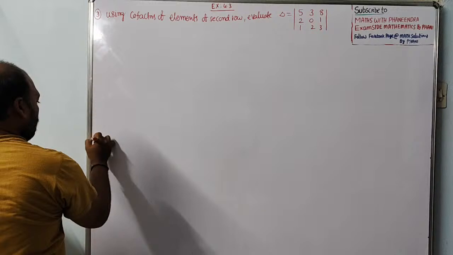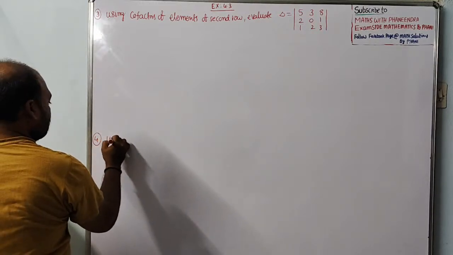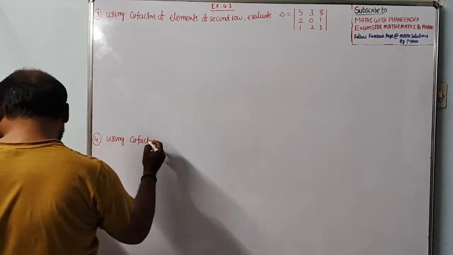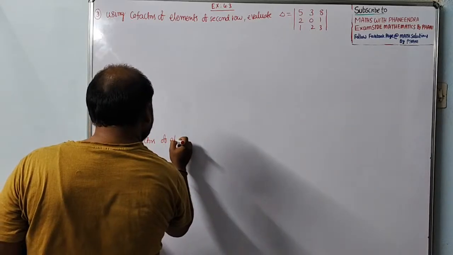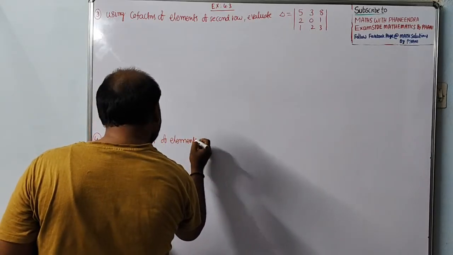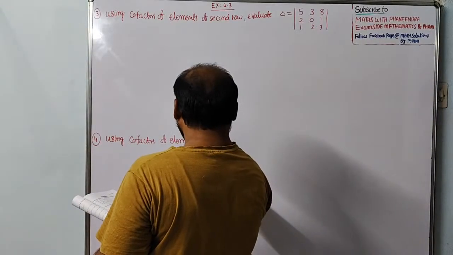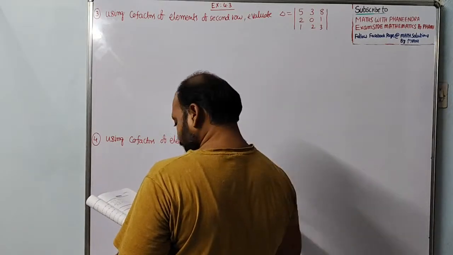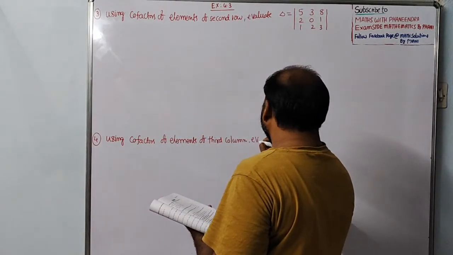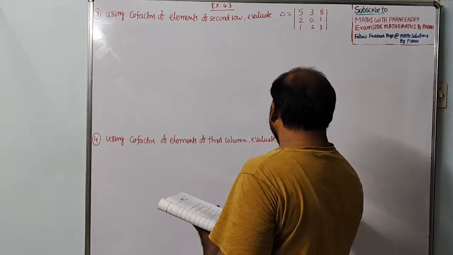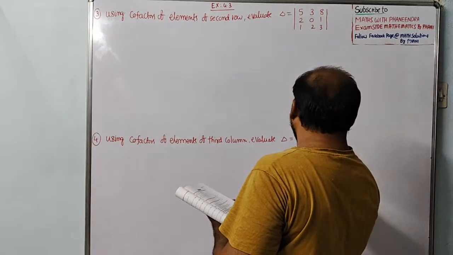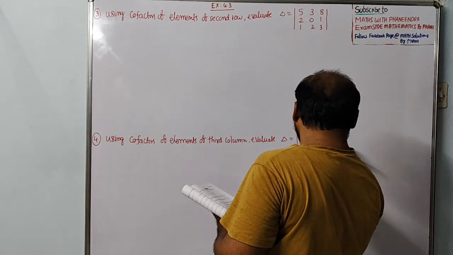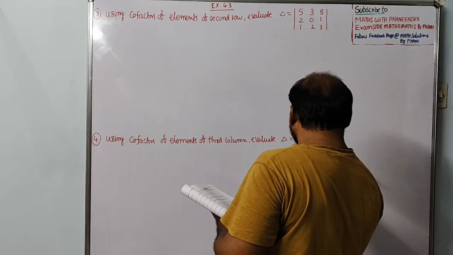So question number 4, using cofactors of elements of third column, evaluate delta equal to 1 x yz, 1 y zx, 1 z xy.